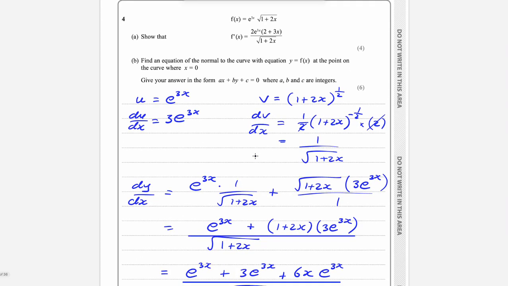Part B, find an equation of the normal to the curve with equation y equals f of x at the point of the curve where x is equal to 0. Okay, I'm going to, guys, if you don't mind, take a screenshot and do it down here.